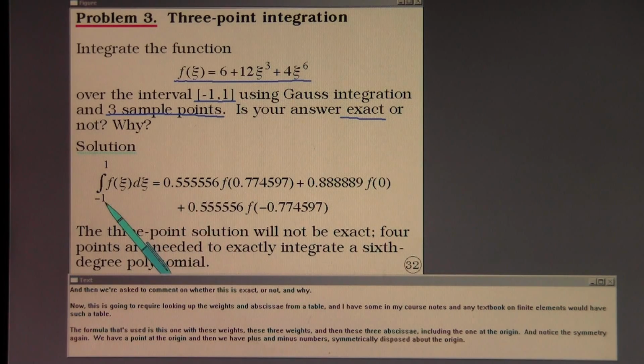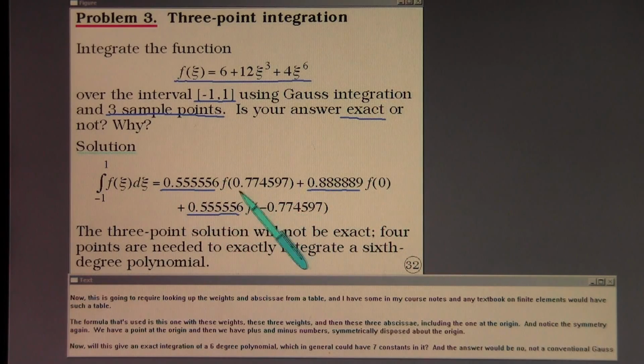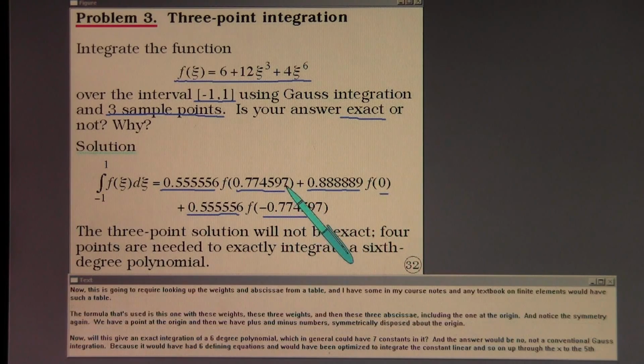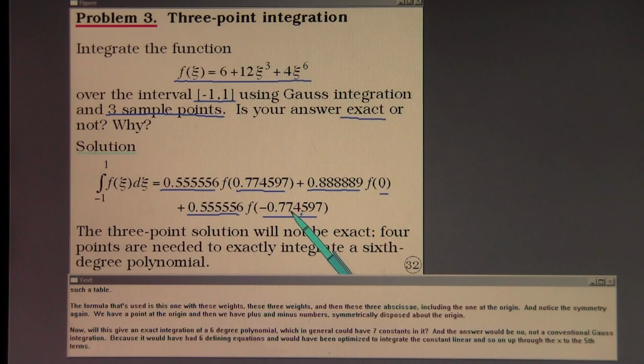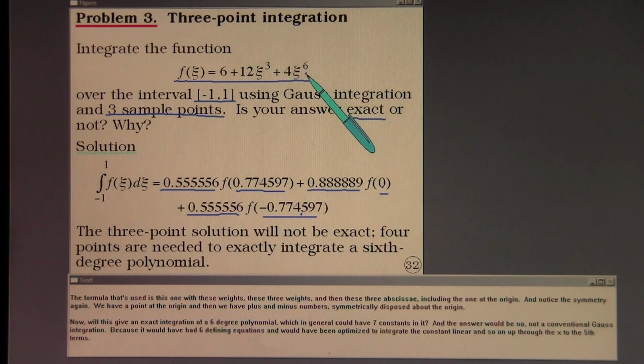The formula that's used is this one with these weights, these 3 weights, and then these 3 abscissa, including the one at the origin. And notice the symmetry again. We have a point at the origin, and then we have plus and minus numbers symmetrically disposed about the origin. Now, will this give an exact integration of a 6th-degree polynomial, which in general could have 7 constants in it?